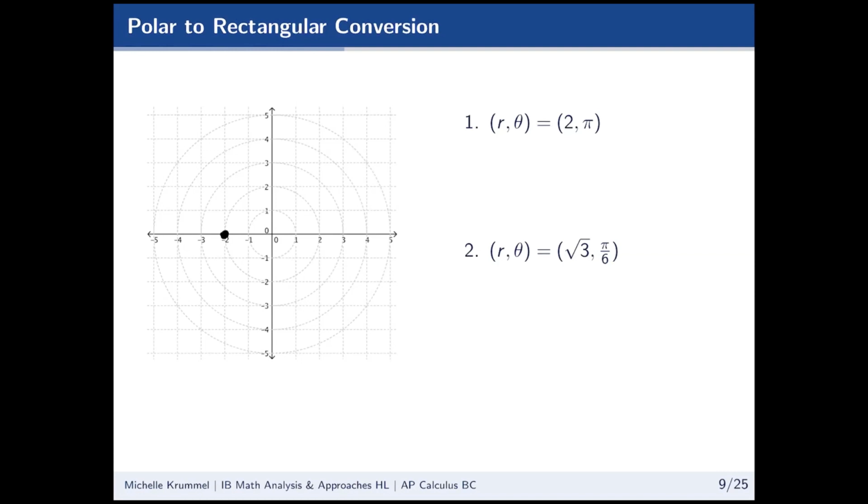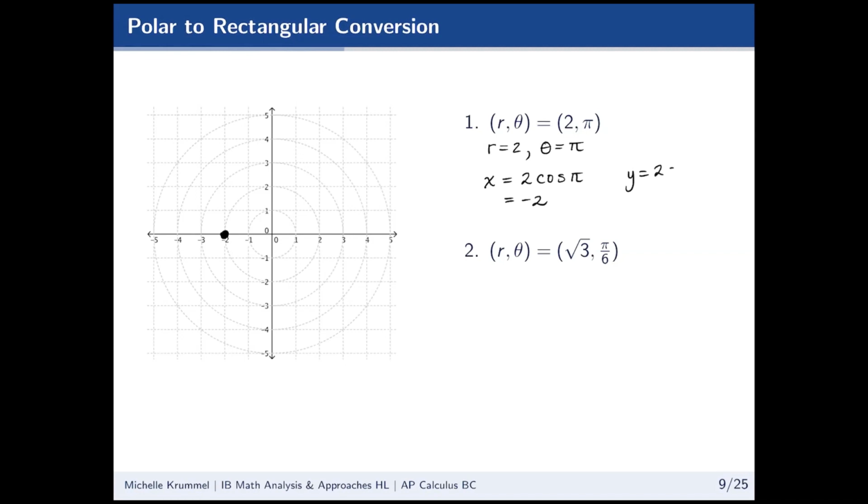So in number 1, we know that r equals 2, and we know that theta equals pi. To get our x coordinate, we just find r cosine theta. So 2 cosine pi. The cosine of pi is -1. So here we have x equals -2. And we know that y equals r times the sine of theta.